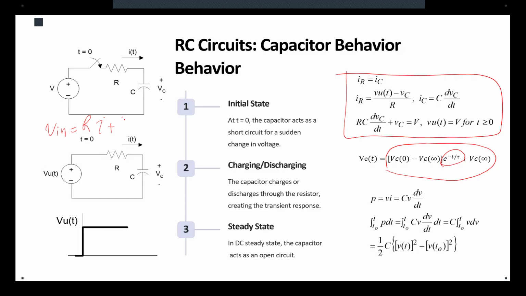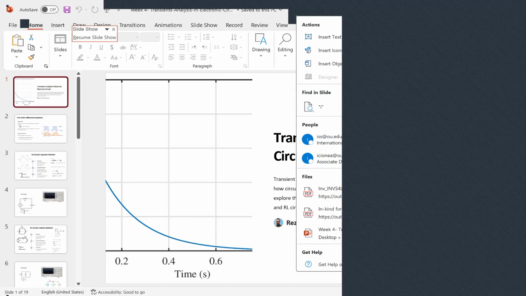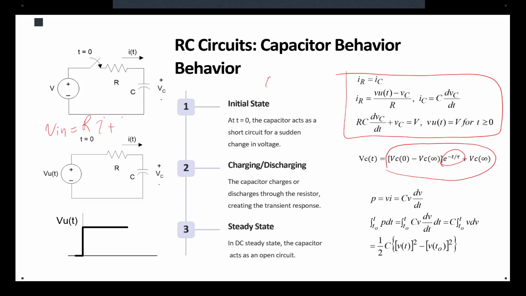What is the voltage across the capacitor? Anyone remember? The current of the capacitor was C dV over dt.